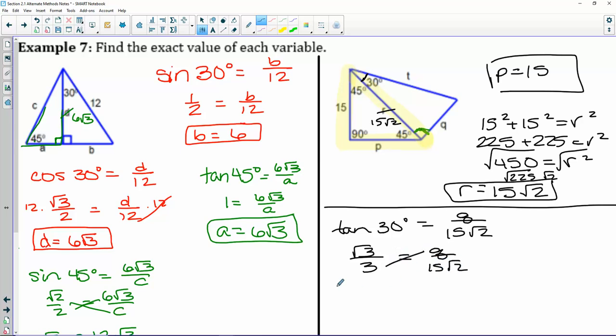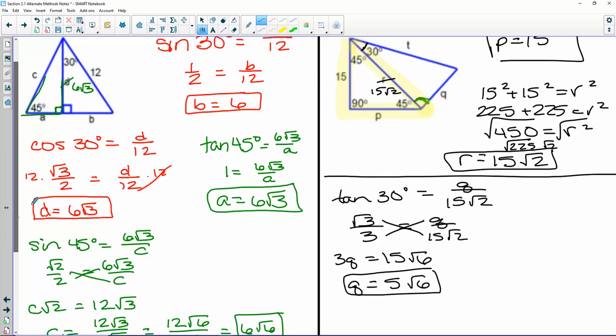So if we cross multiply, 3Q equals 15 radical 6, divide by 3 and we get 5 radical 6. And then, how do you want to find T?